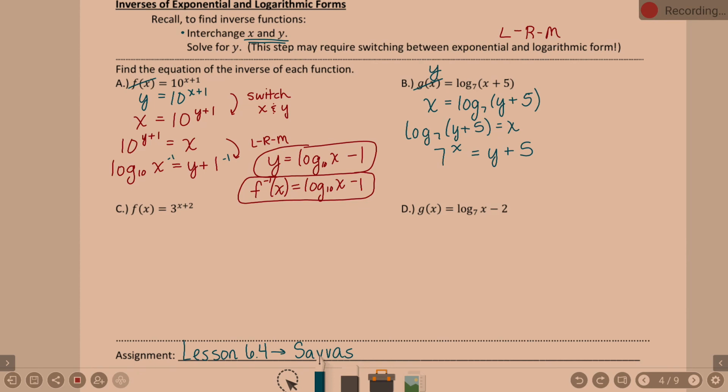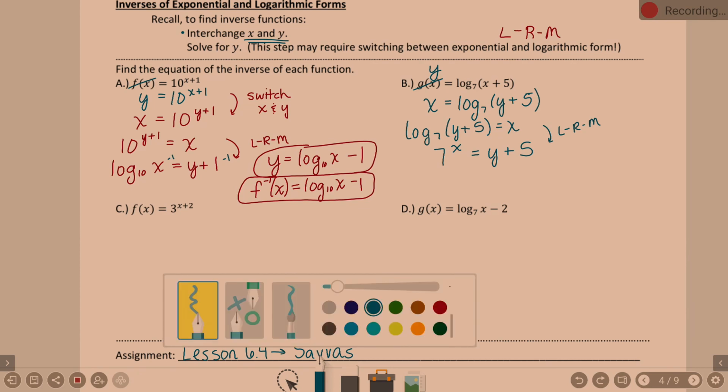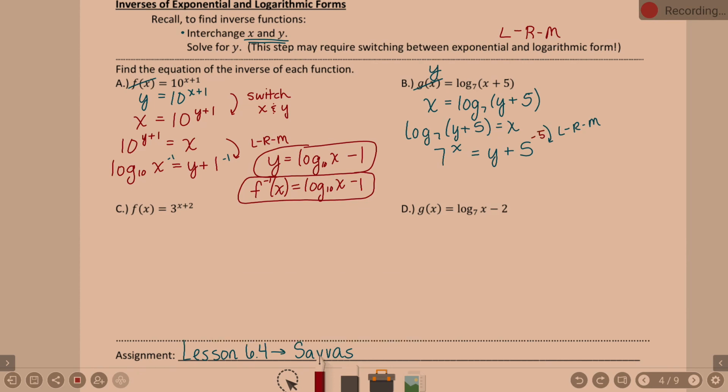So we start off switching x and y, and then here we did a left, right, middle. And how do we solve for y? If it's y plus 5, I'm going to subtract 5. And we're going to have y equals what? 7 to the x minus 5.